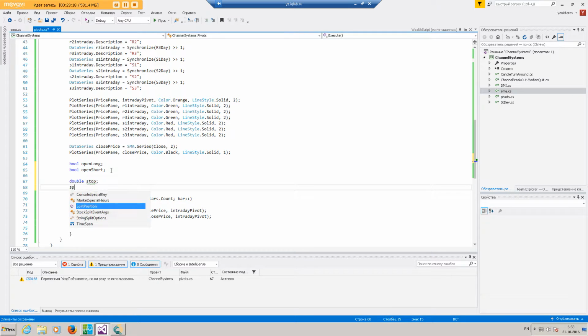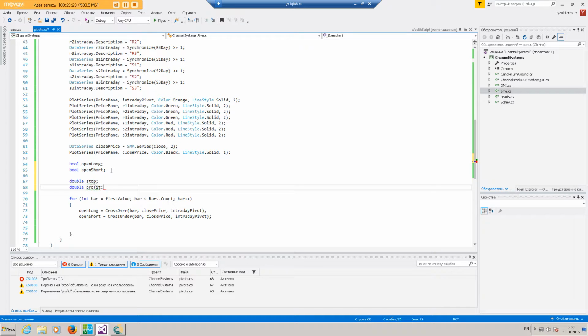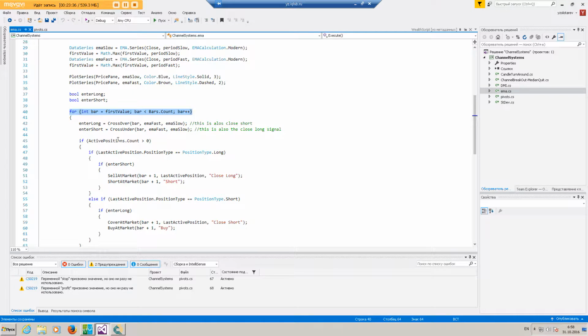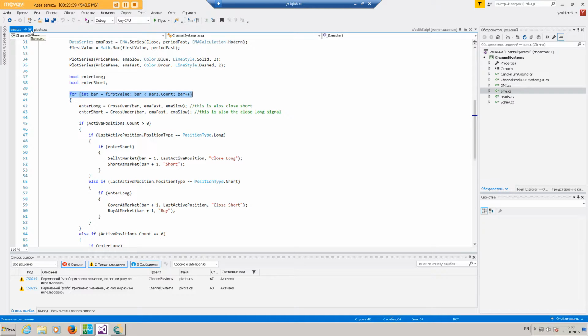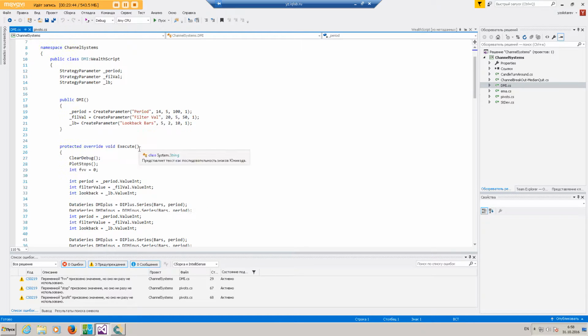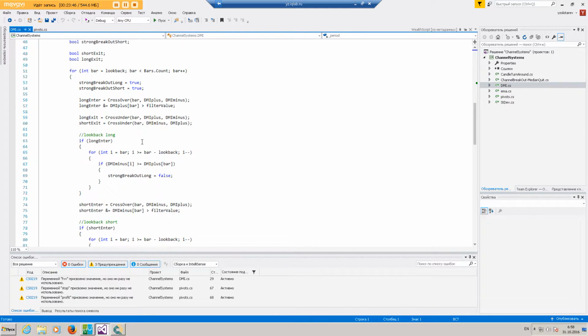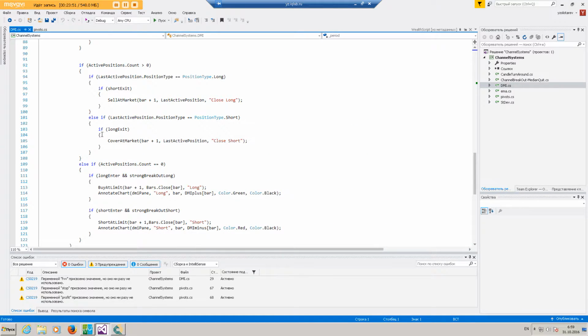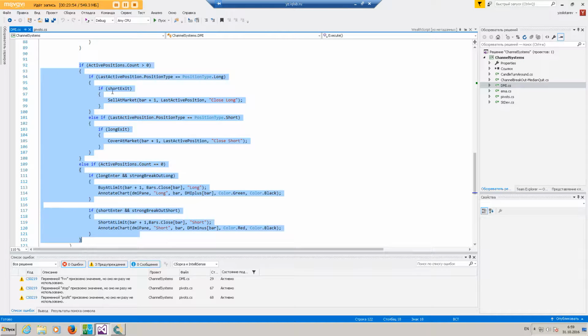Now we need to set some stops and some profits. Stop, profit. That's 0 and that's 0. Okay, so let me just copy this, so we don't have to write this whole thing.